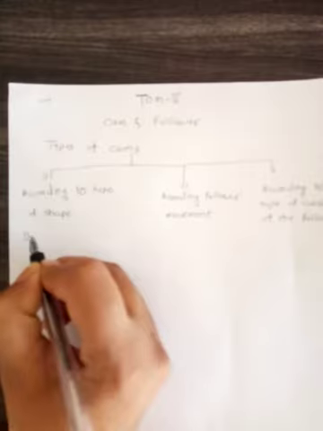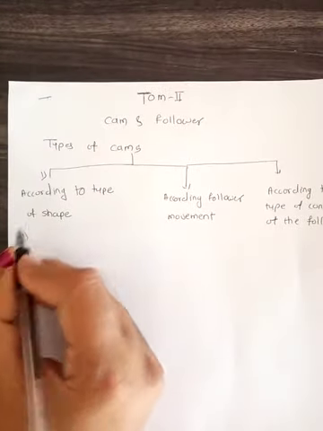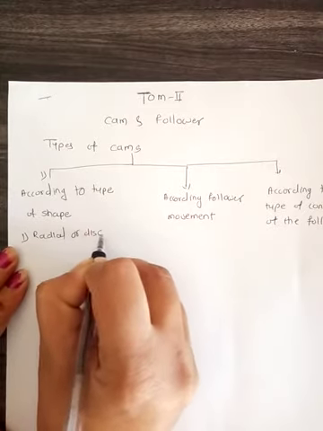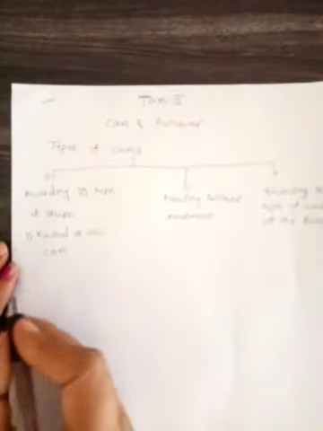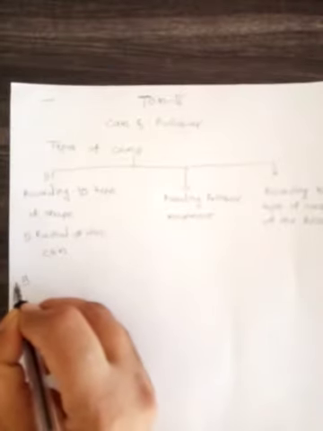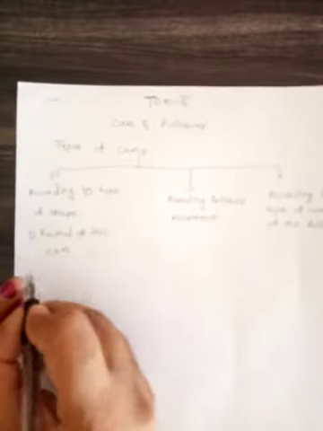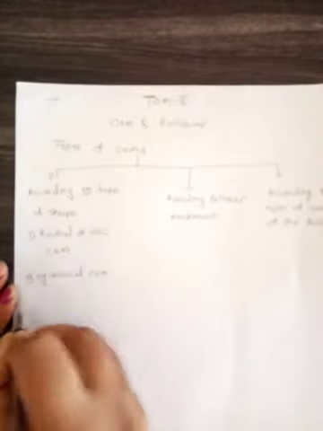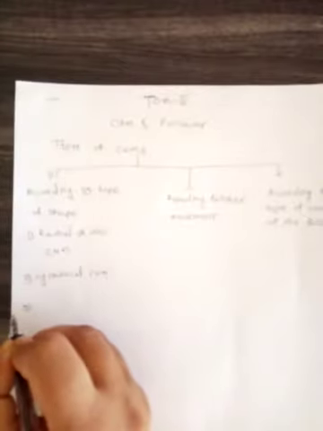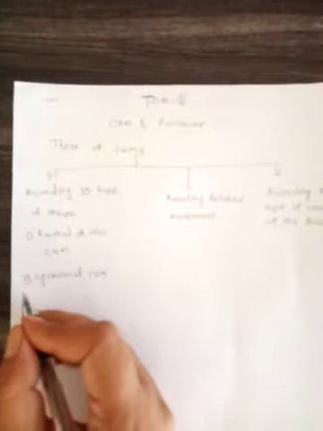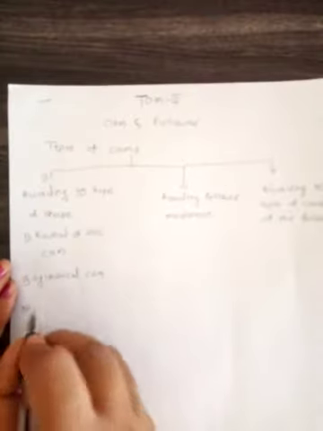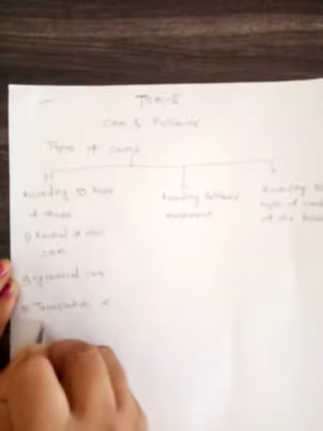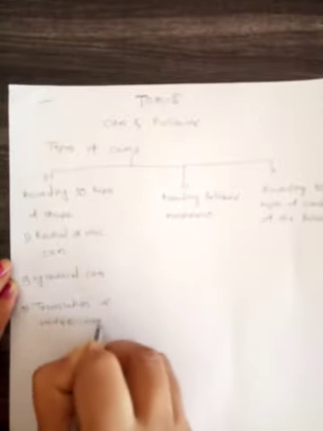First will be the radial or disc cam. Second will be the cylindrical cam. Third will be the translation or wedge cam.